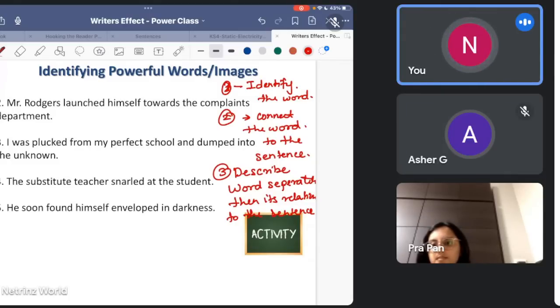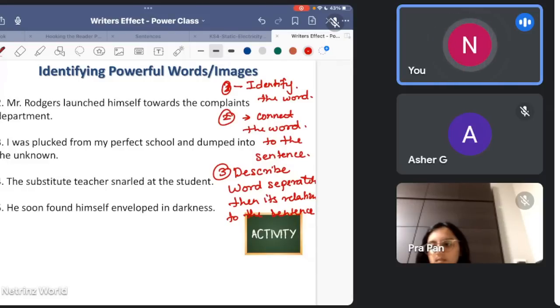It just said Mr. Roger launched himself to the complaints department. Okay, angry about something and is hurrying to the complaints department. Follow these three steps. He identified the word, but he has not written the word. He connected the word to the sentence: he's angry about something, and then he's hurrying to the complaints department. All right.